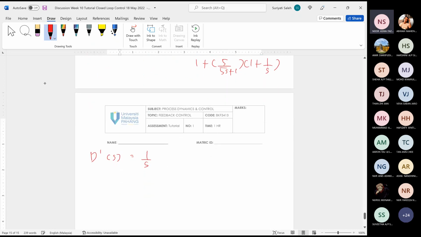For this part, we employ the same method to find y prime infinity using the final value theorem.